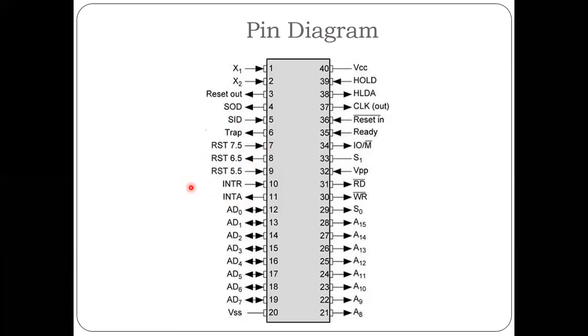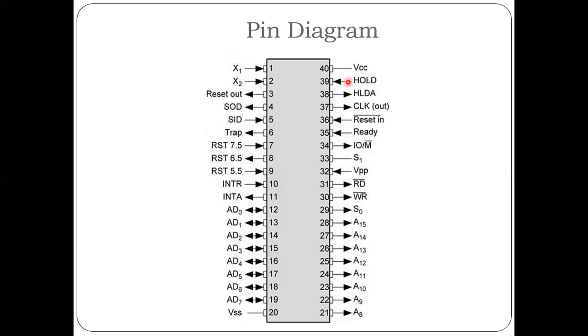The maximum priority is TRAP and the minimum priority is INTR, the interrupt request. Then for serial communication, we use serial output data and serial input data. For frequency generation and clock pulse generation, we use X1 and X2, the crystal oscillator connections.